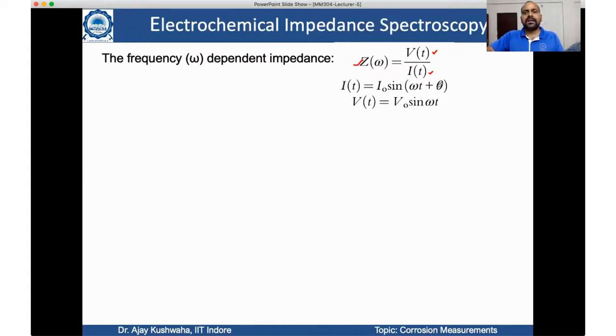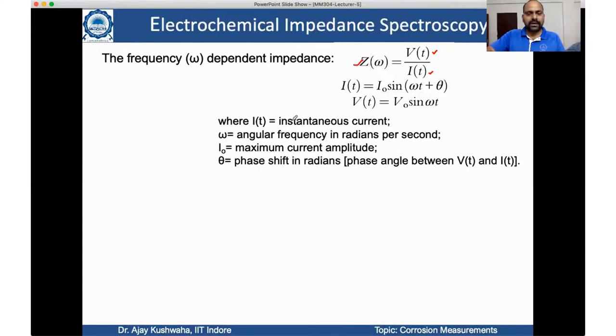Theta is the phase difference between the voltage and current signals. Vt, the voltage at a particular time t, can be defined as the maximum voltage V0 times sine omega t, right? So if we use the ratio Vt by It, then we can define the frequency dependent impedance.